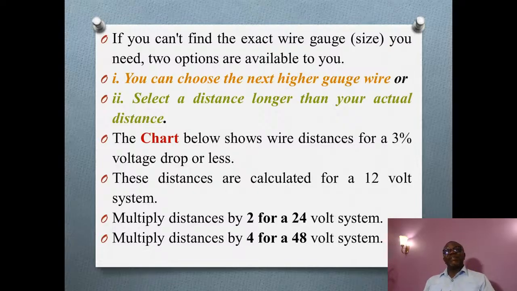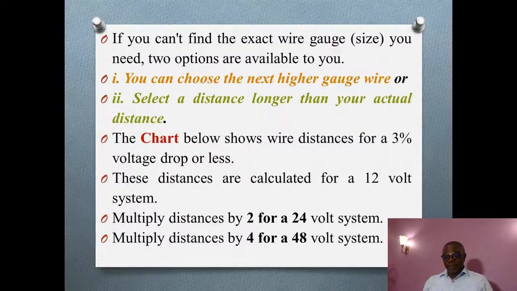If you can't find the exact wire gauge that is suited for what you want to do, then you can make use of either of these two options. One, you can choose a higher wire gauge or select a distance longer than the actual distance.